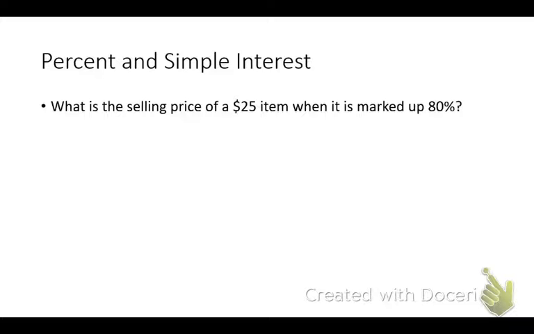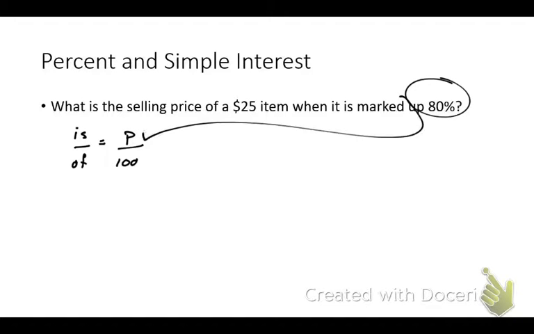Okay. So now we're going for a surefire way of getting the correct answer every time. Okay? I prefer the percent equation, and again, I was out on maternity leave for this one, so it seemed to me that you guys were more familiar with the is over of equals P over 100. Okay? So my percent obviously gets plugged in where?